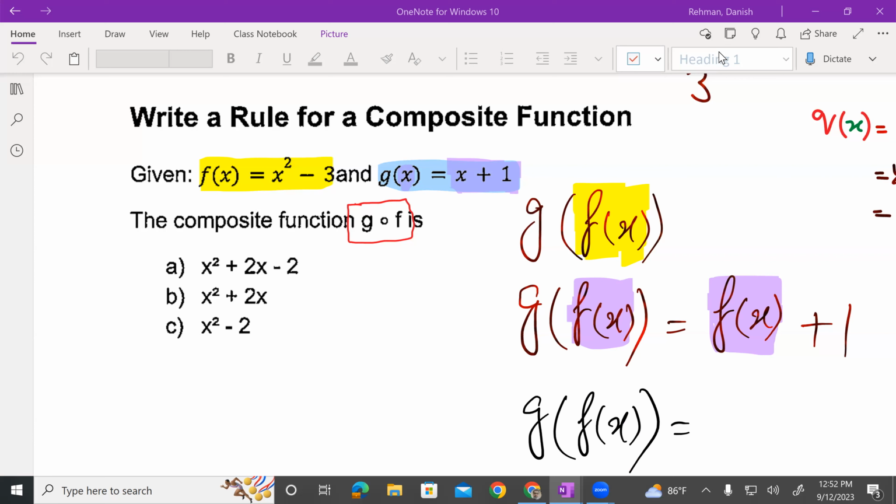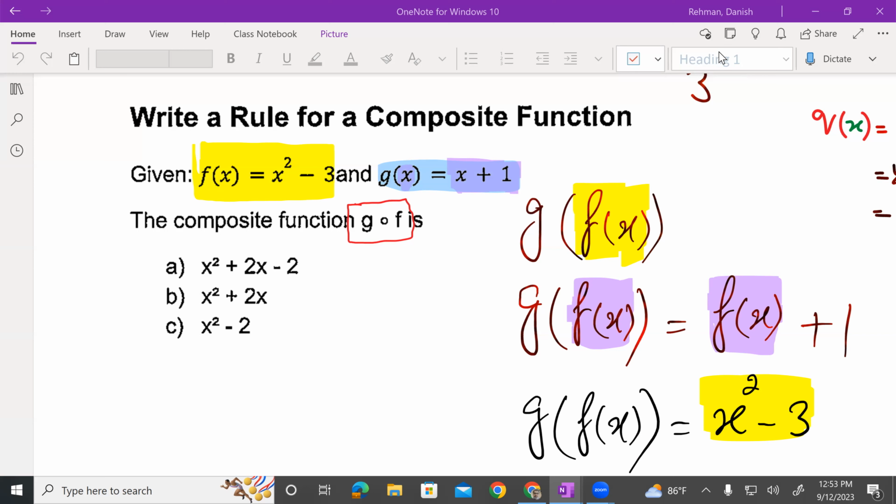So I will replace the f of x with its function value. Where did I get that from? I get that from the yellow highlighted stuff. I do know, because of the other yellow highlighted one, that f of x is x squared minus 3. Right? Charlie?